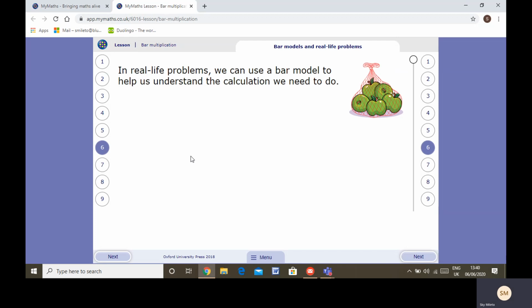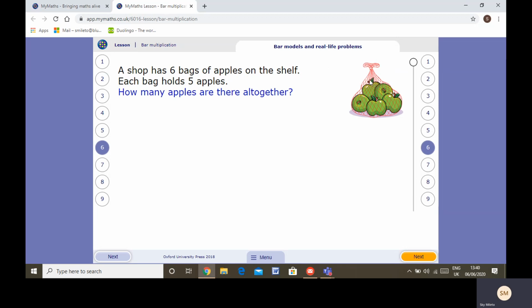In real life problems, we can use a bar model to help us understand the calculation we need to do. So in a shop, we have a bag here of apples. Each bag holds 5 apples, and there are 6 bags of apples on the shelf. So we need to think, how many apples are there altogether? We've got 6 bags of 5 apples. We can swap the word bags for groups. 6 groups of 5 apples.